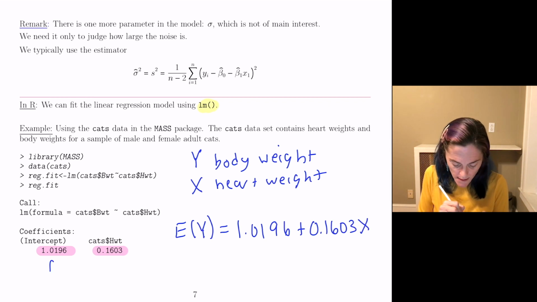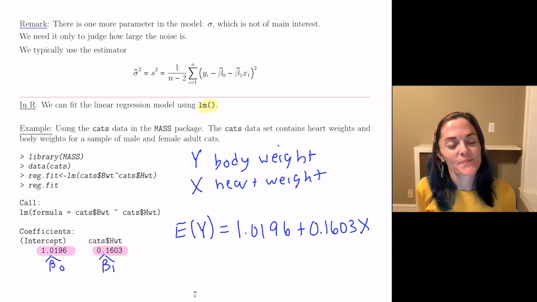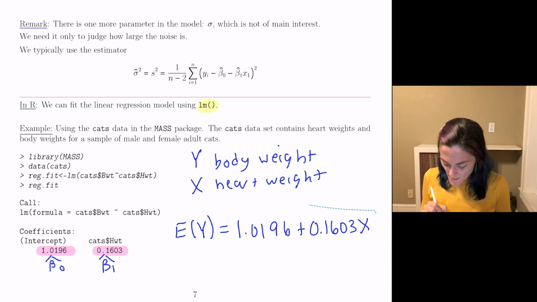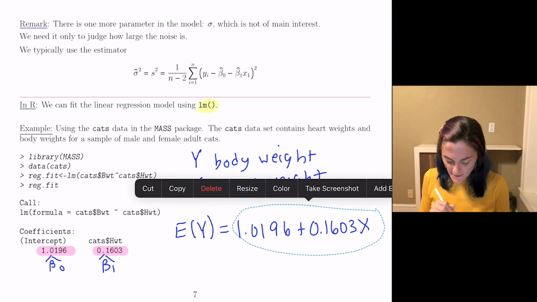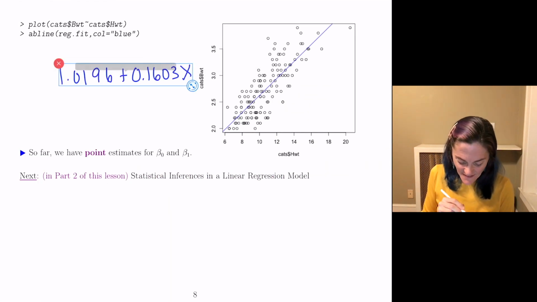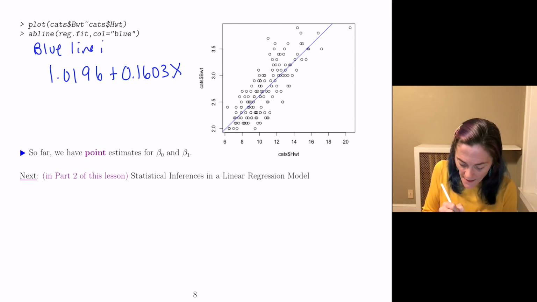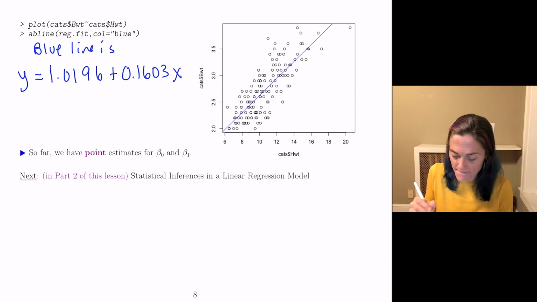In other words, this is the beta 0 hat, and this is the beta 1 hat. Maybe I will just copy and paste this blue line: y equals intercept plus 0.1603 times x.